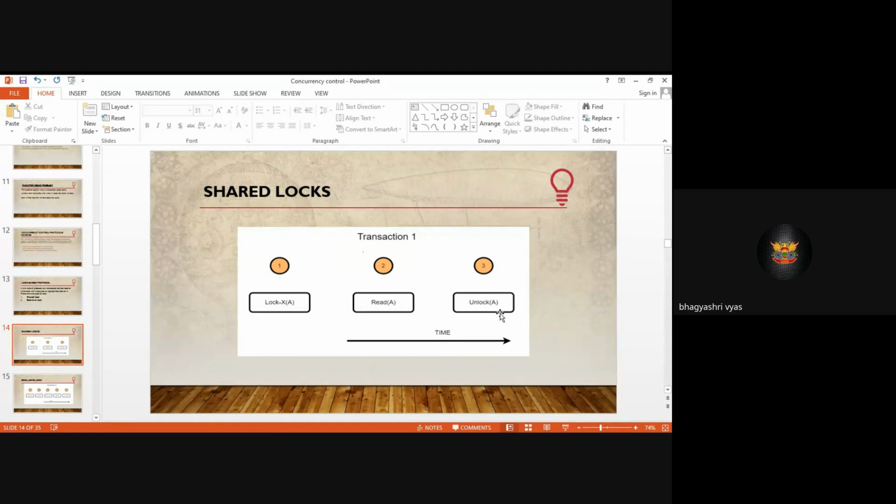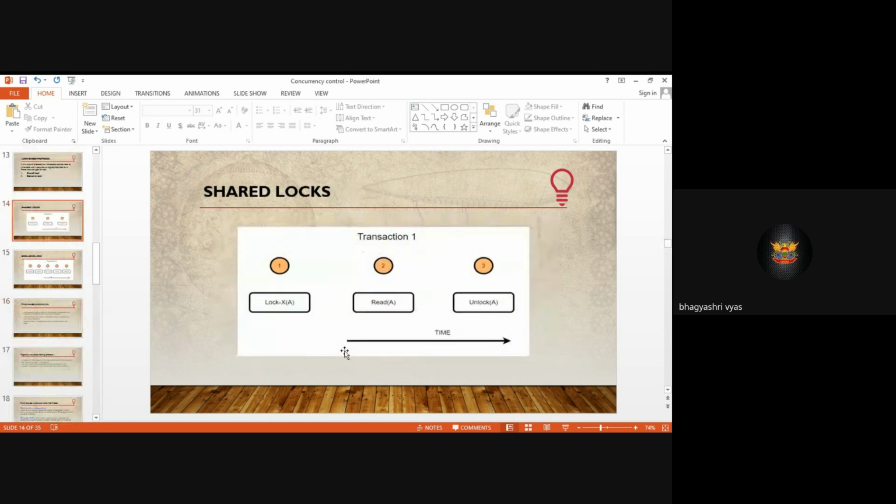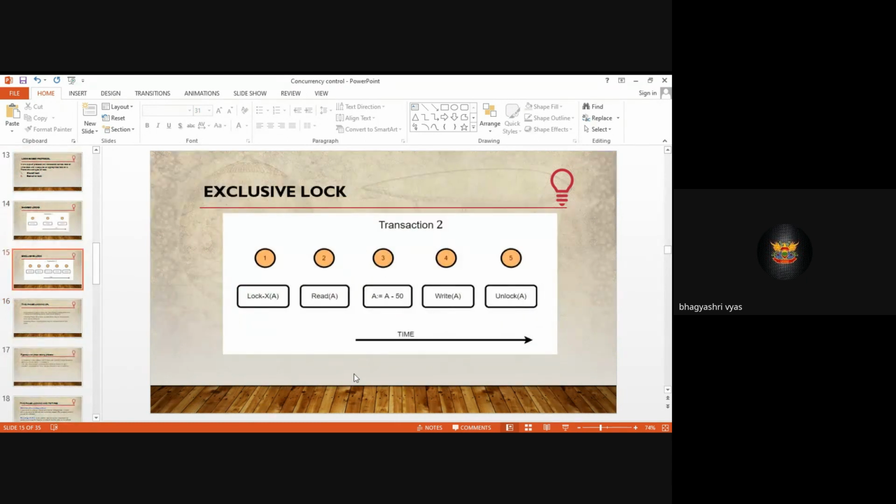Okay, and the second one is this exclusive lock. This one is shared lock and the exclusive lock. In lock based protocol, we have two categories: shared lock and exclusive lock.